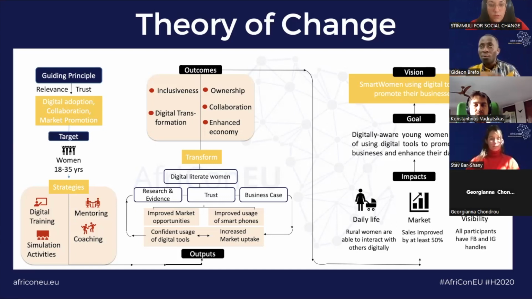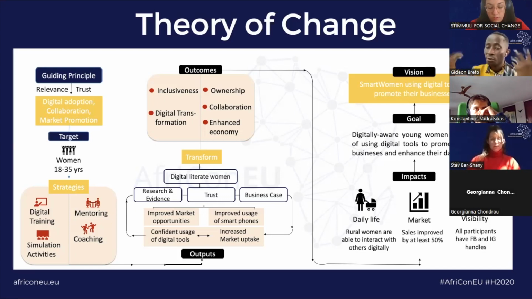And so how were they going to use the digital tool? For instance, they will not just have a WhatsApp account, but how can they use things like their status to promote their businesses? So we taught them how to take very good photographs of their products and be able to post them on their status and follow through and hold conversations on that.